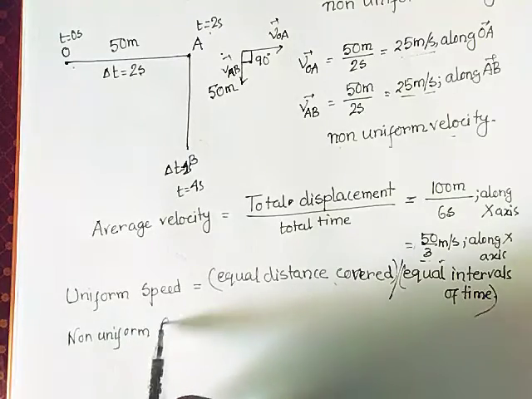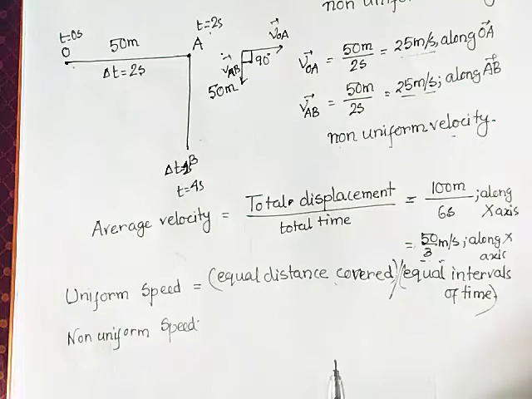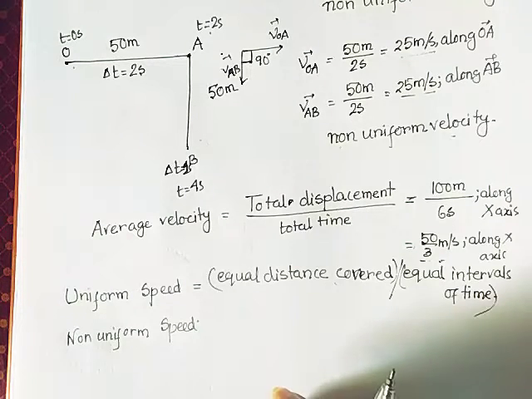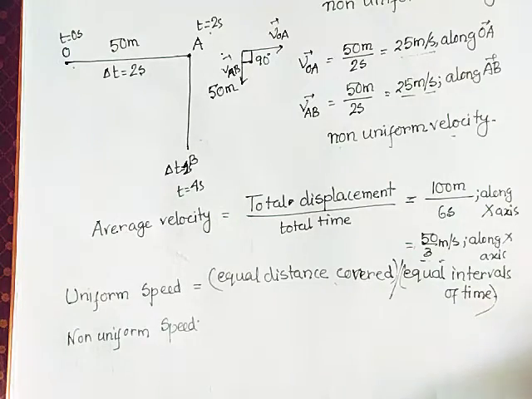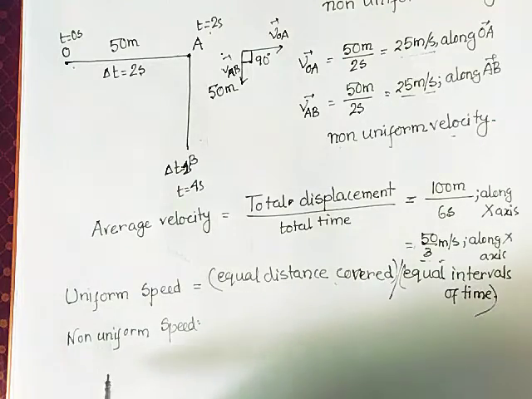Basically non-uniform speed is the practically possible thing, because when a particle or car or object is moving from the initial position to the final position, it continuously changes its direction and continuously changes its rate of change of distance. So at that time we have to consider another very important term, that is average speed.